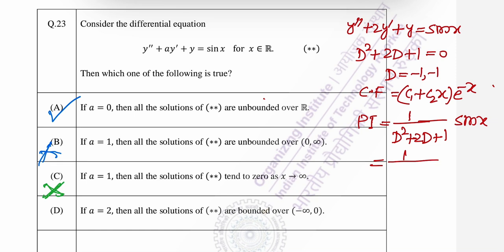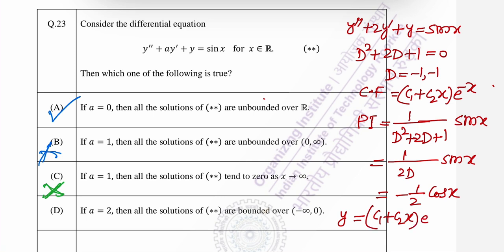So if you place minus 1 for D square, then this becomes 1 by 2D sin x. And from here the PI will be minus half cos x. So the solution will be c1 plus c2 x, e to the power minus x, minus half cos x.